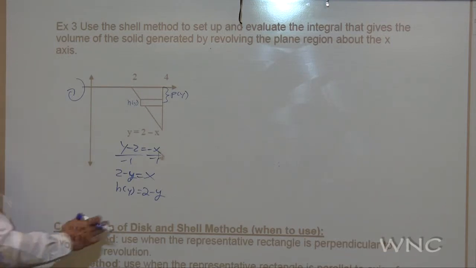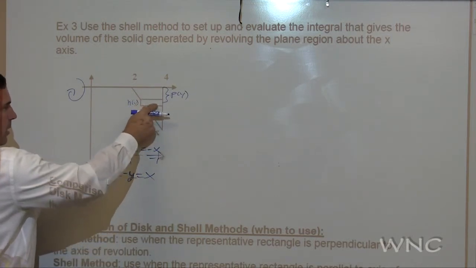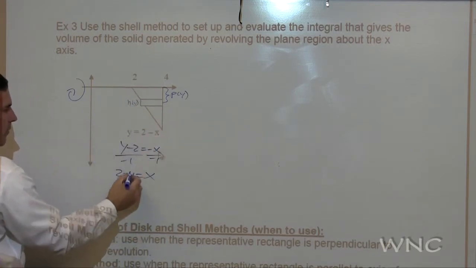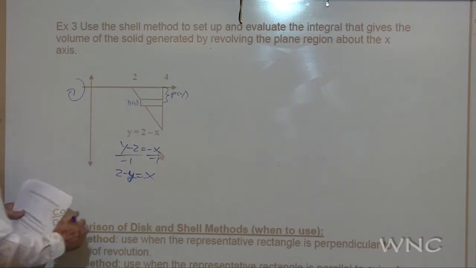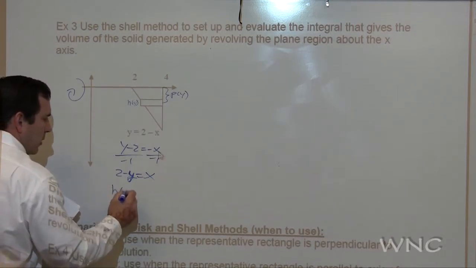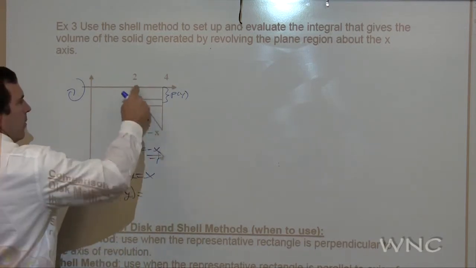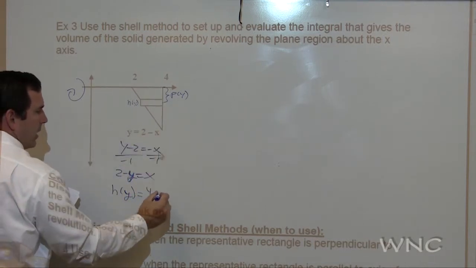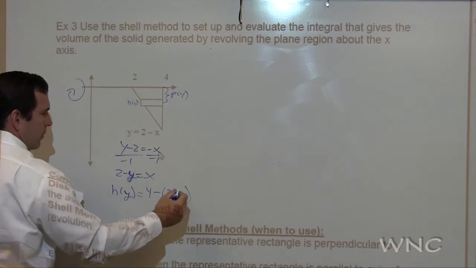Let me back up on that. Okay, so h of y is going to be, in terms of this line, y solved for x is 2 minus y. But what is h of y? There's a little more to this. H of y, given our location, is 4 minus the 2 minus y.